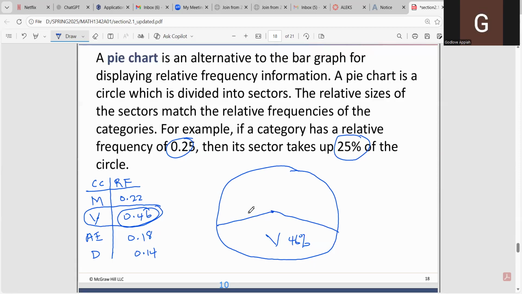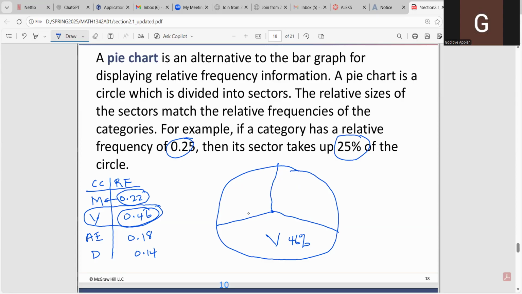The next largest relative frequency is 0.22, and that corresponds to MasterCard. I would say it would be this right here. That is pretty small, so let me see if I can enlarge that. Let's suppose this is 0.22.